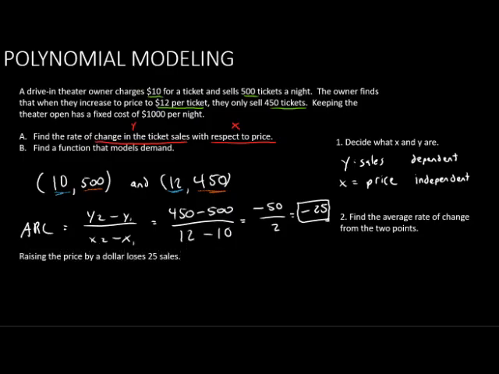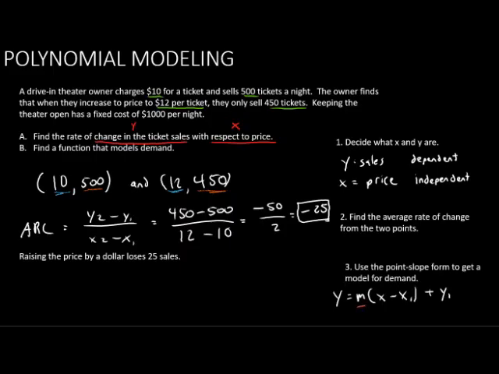Now that we have the average rate of change, we'll use the point-slope form of the equation to get our model for demand. As a reminder, our point-slope form goes like this. We'll say y is equal to m times x minus x1 plus y1.